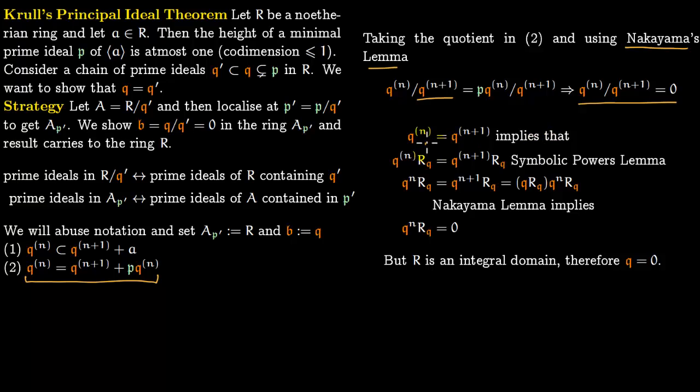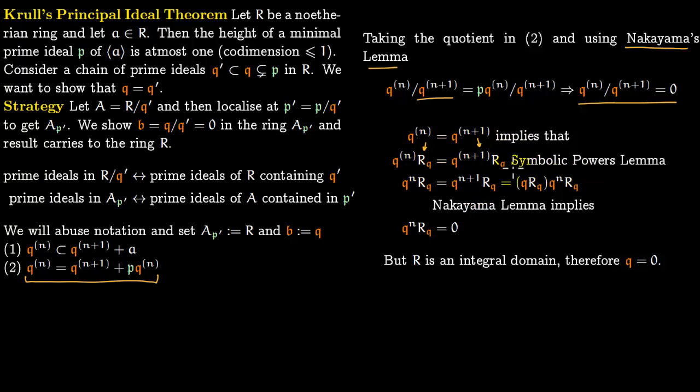Now you can localize with respect to this ideal Q. Notice again, this R is actually A P prime and this Q is actually B, but we are just mechanically following from here. We just modulo out, use Nakayama's lemma, this becomes equal, localize.